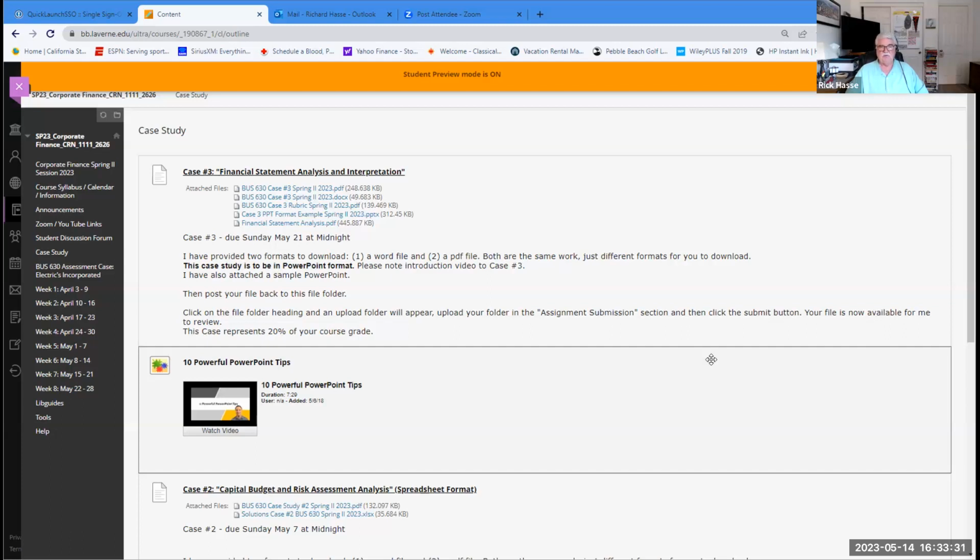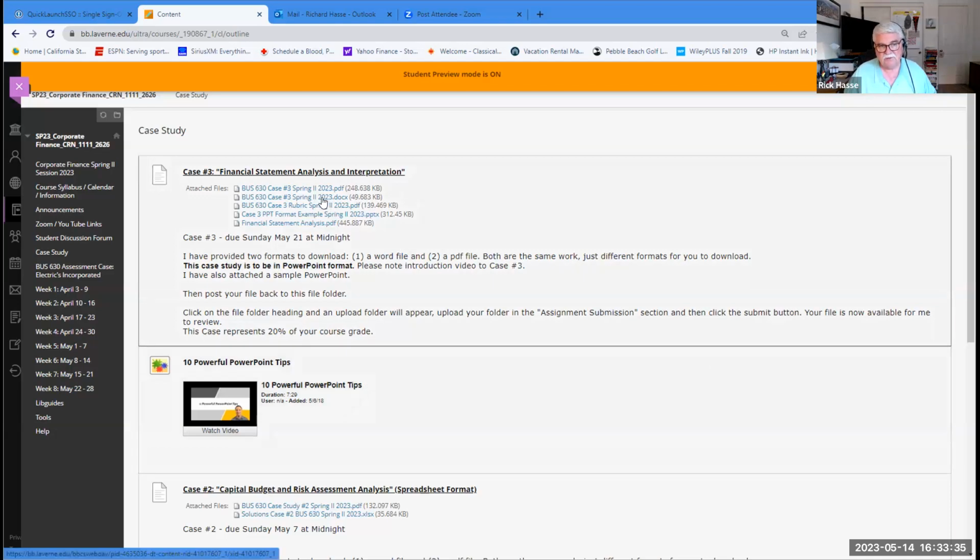All right. So again, I've given you the case information in these 2 files. I've given you the rubric showing you how I'll be grading it, and this will be helpful to a lot of you. I'm giving you a sample PowerPoint of how I'm looking at the format, and then those key financial statement areas: you have to select one from those 4 areas to do your analysis.